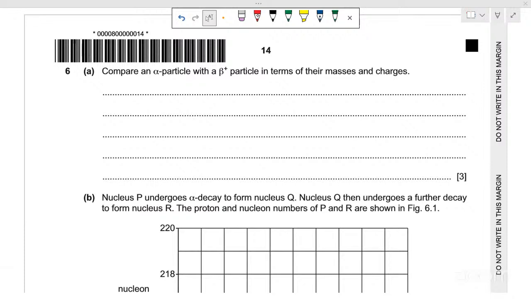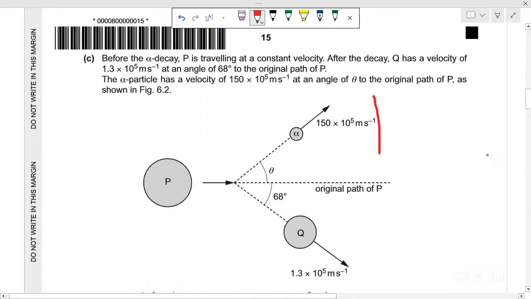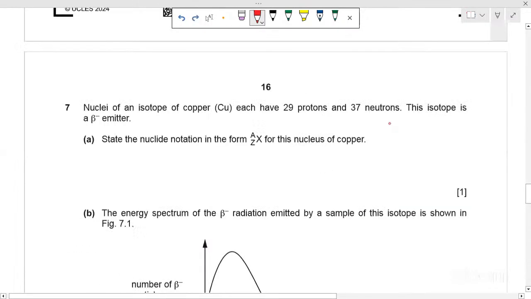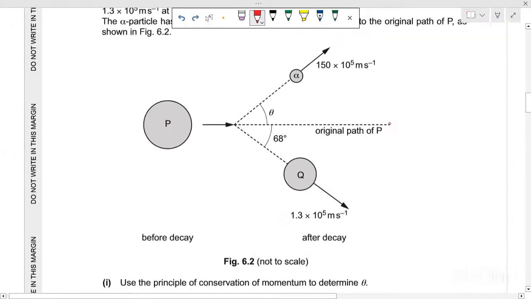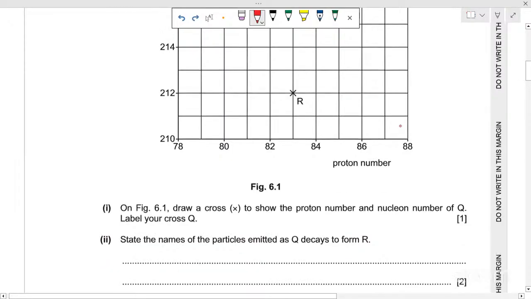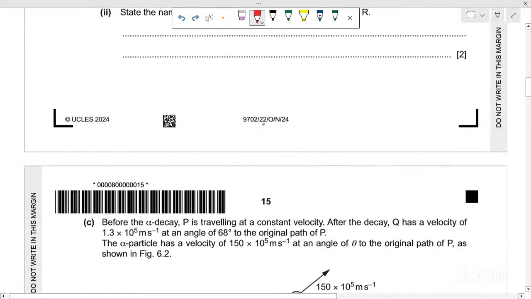So this is our first question. The first question is from October-November 2024 paper 2-2.